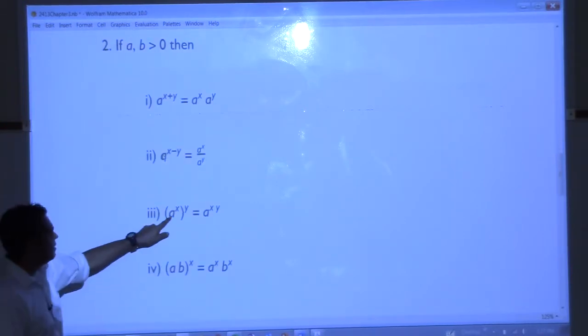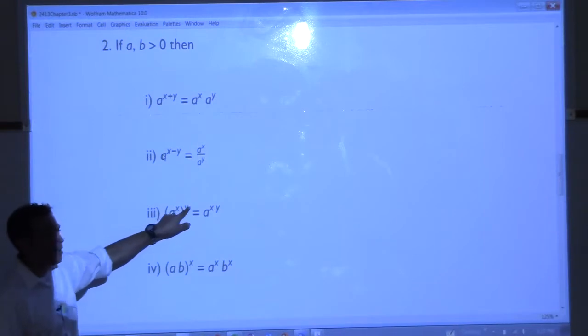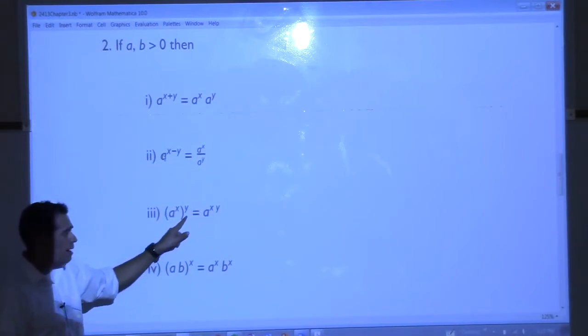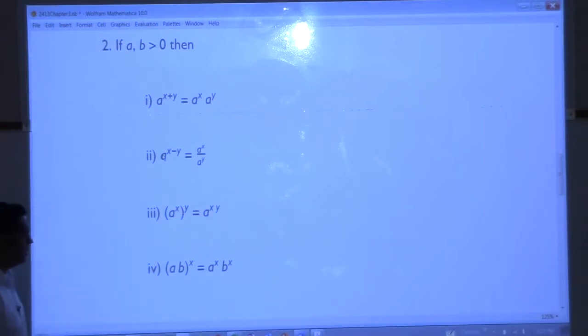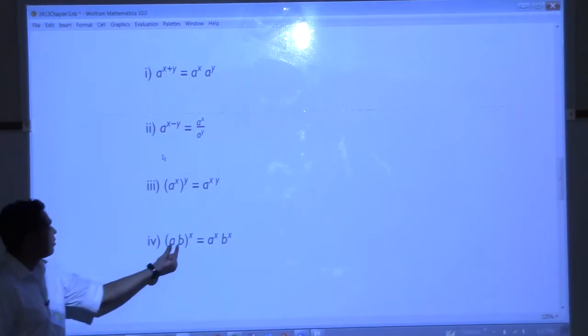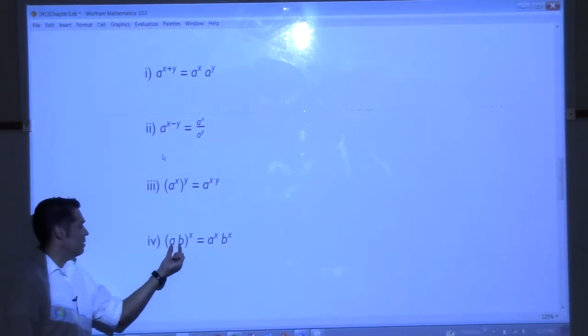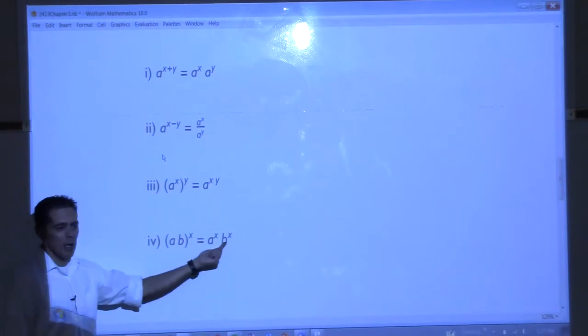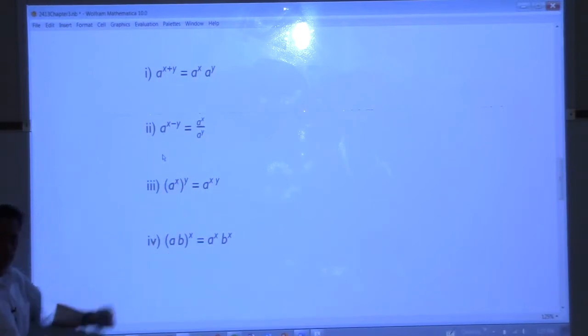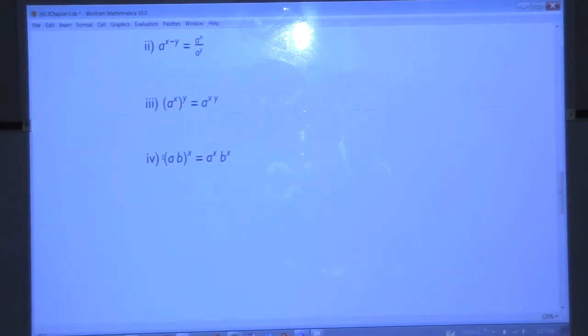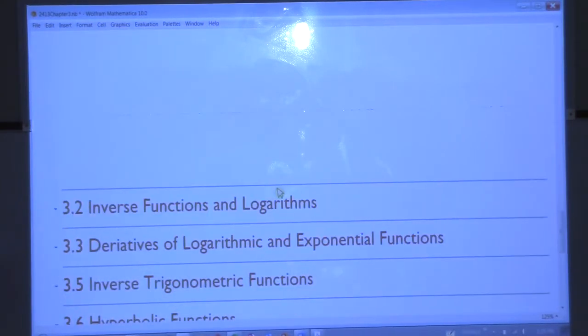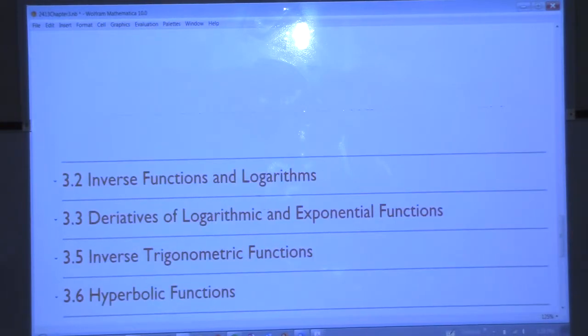Anytime you have something to a power and then the whole thing to a power, that's when you multiply the two exponents. And anytime we have a product raised to a power, we can apply the power to each one. These are all properties of exponents. Do those look familiar? Okay. That's it. That's your review of exponential functions.